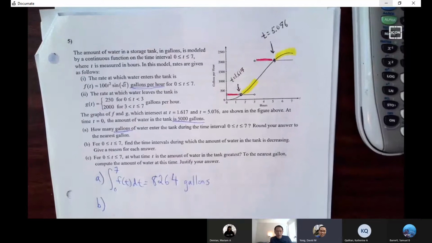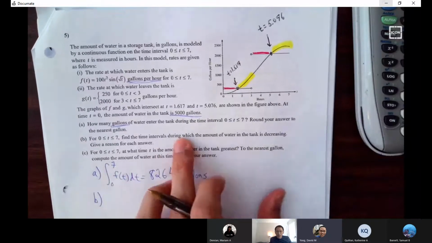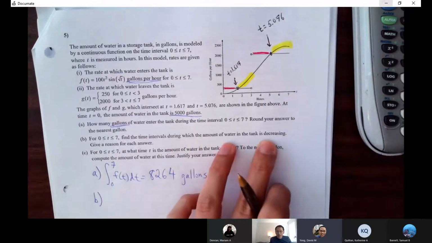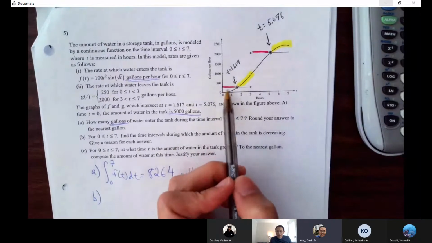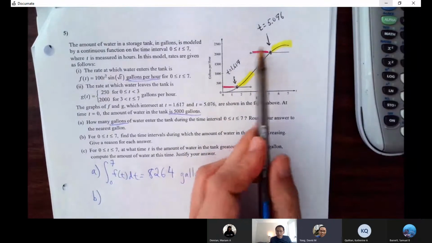Part B says, find the time interval in which the amount of water in the tank is decreasing. Okay, so we know the tank is decreasing in the red that I identified.